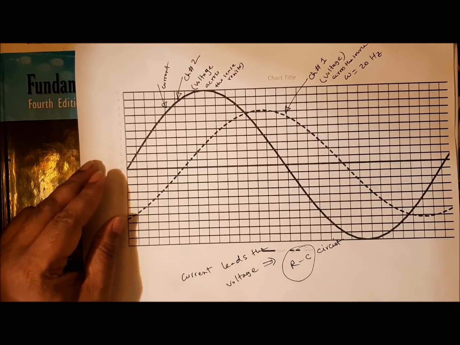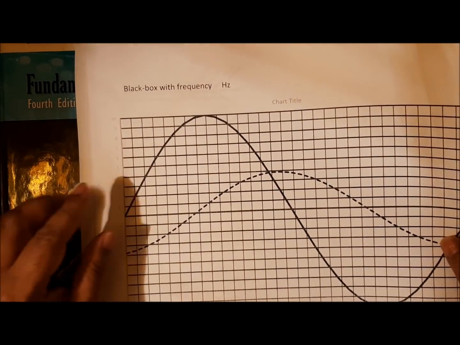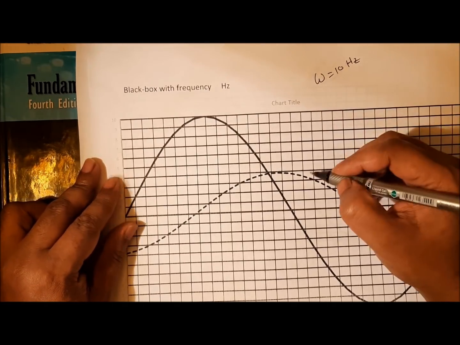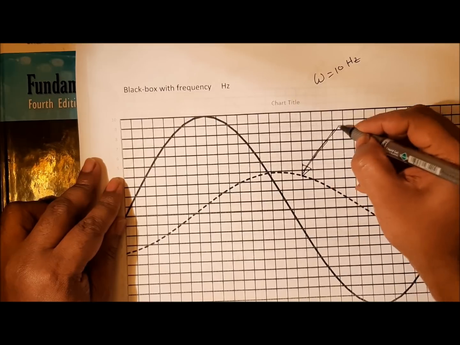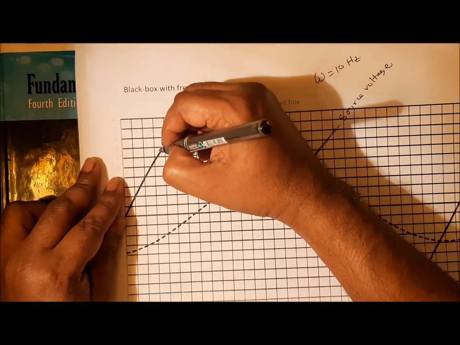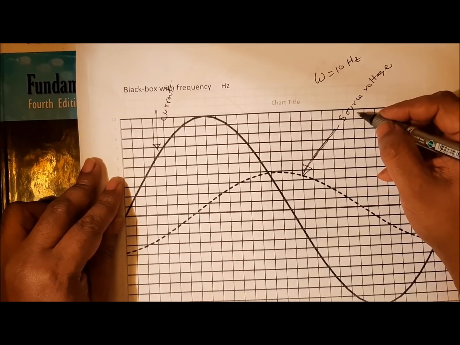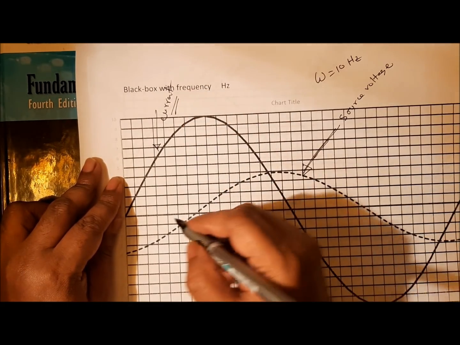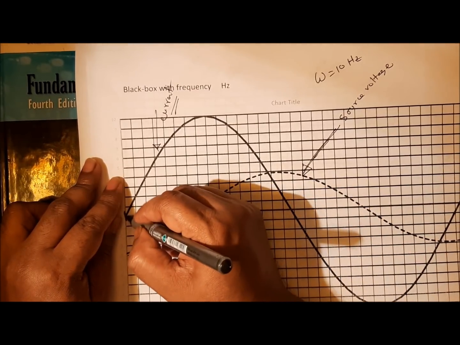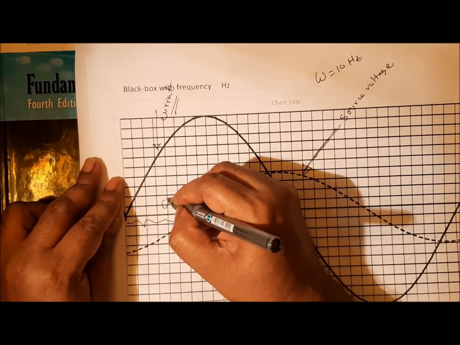Now if we change the frequency, let's say we change the frequency and come up with this. We do it for omega equal to 10 hertz, and this is my source voltage and this is my current. Here you see the angle between voltage and current, the phase angle.